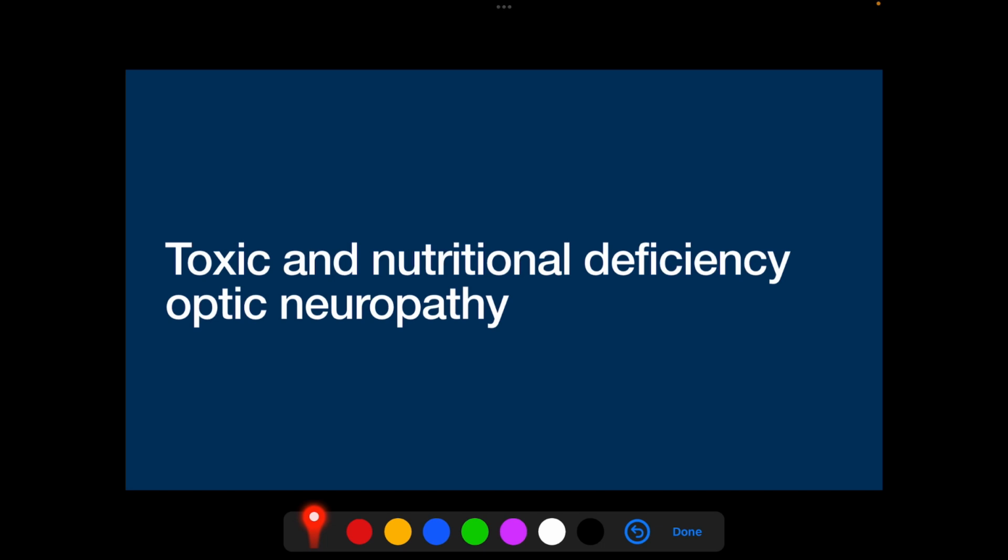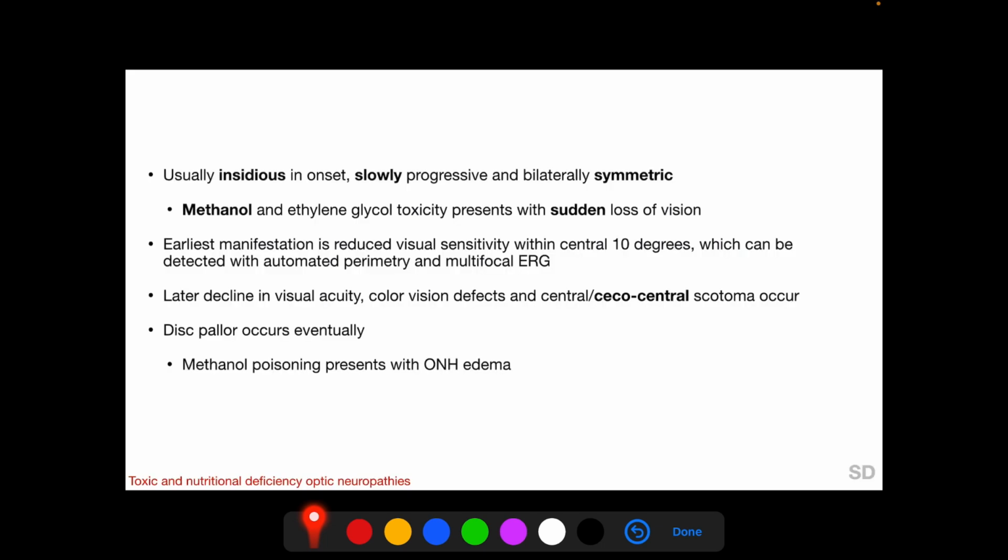Coming to toxic and nutritional deficiency optic neuropathy, they are usually insidious in onset and slowly progressive, as well as bilaterally symmetric. However, methanol and ethylene glycol toxicity presents with sudden, acute loss of vision.